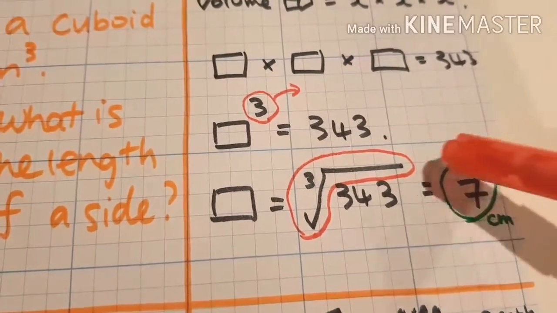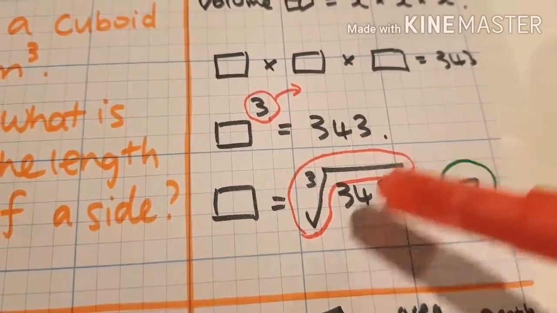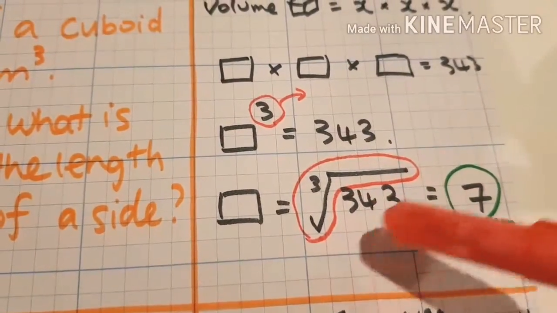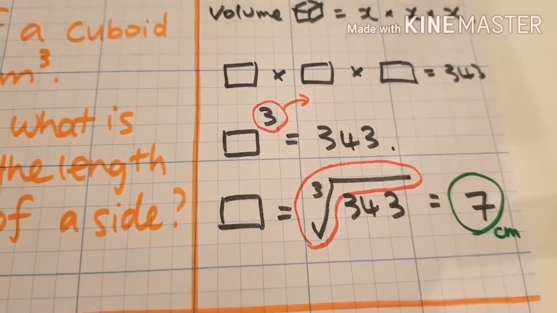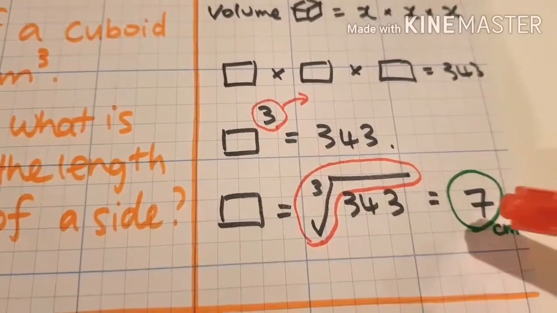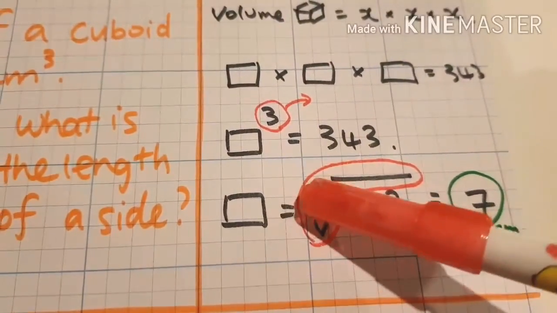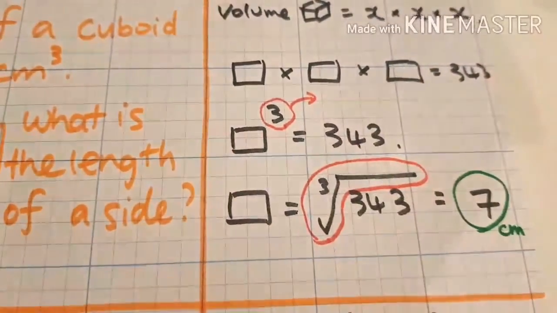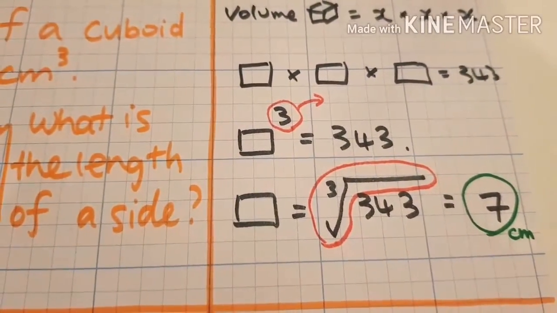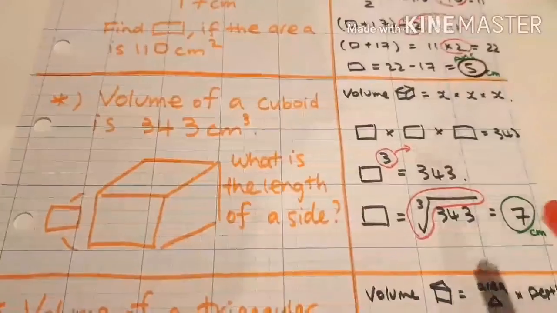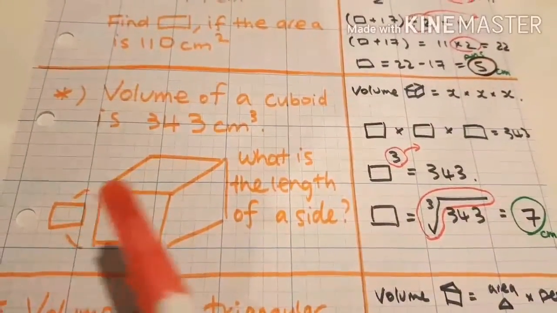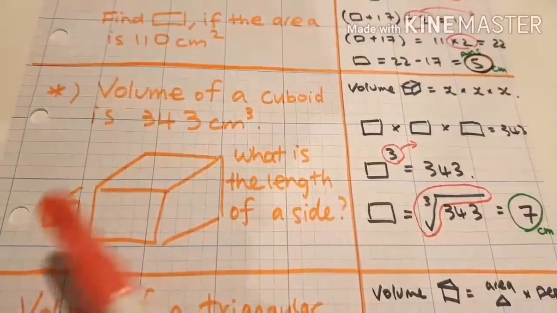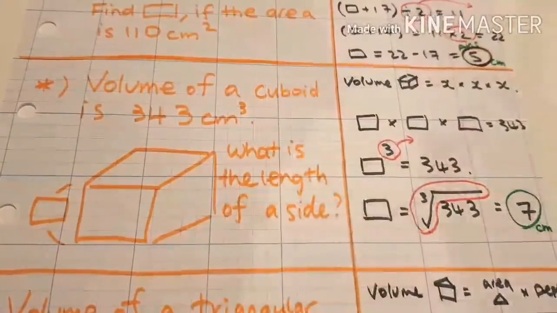Please find this button and press it, and in brackets write 343, then you'll get the answer 7, which means if you multiply 7 times 7 times 7, you'll get 343. So the side of the cuboid should be 7 centimeters.